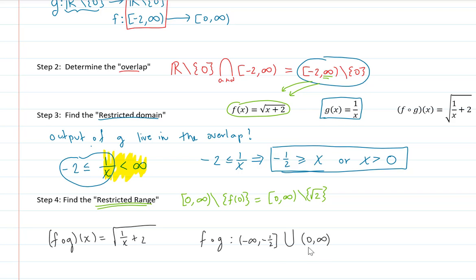This is the domain of our function. And the range, well, that's this set. And I'll write it in a pretty way like this as well. I guess that's from 0 up to the square root of 2, but we're not including the square root of 2. And we're going to union that with, well, the square root of 2 all the way up to infinity.